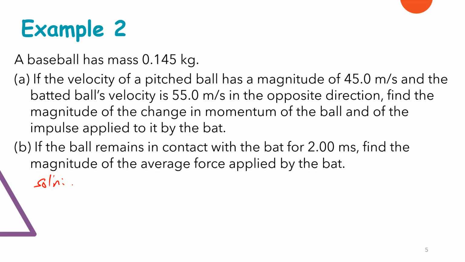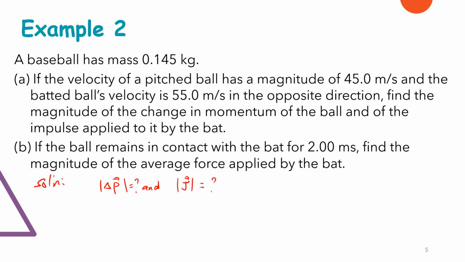For letter A, we need to solve for the magnitude of the change in momentum, and we also need to solve for the magnitude of the impulse. Okay, so what is the magnitude of the impulse and what is the magnitude of the change in momentum?